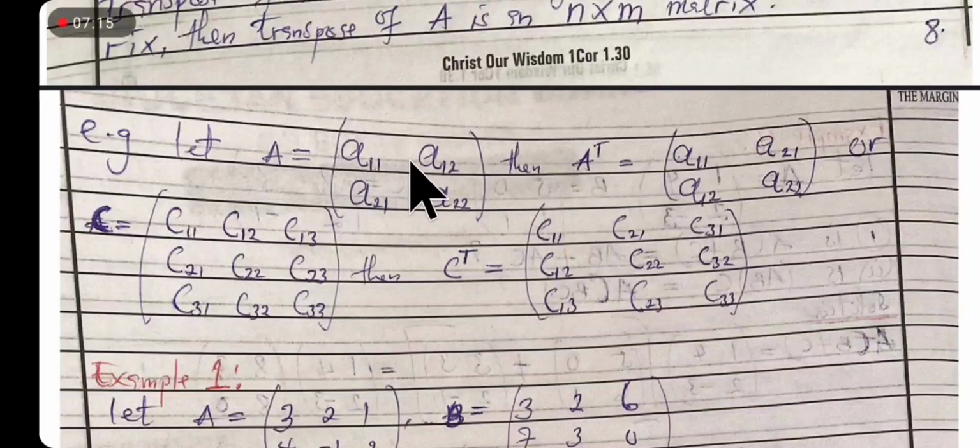Discover that this A11 is the first row, so it will form the first column if you are finding the transpose. The first row becomes the first column, then the second row becomes the second column. Just interchange it like that.